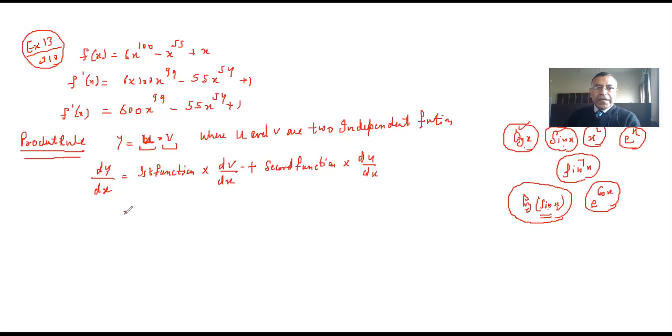So I can write it as first function into derivative of second plus second into derivative of first. This is the formula. First function as it is, derivative of second, second function as it is, derivative of first.